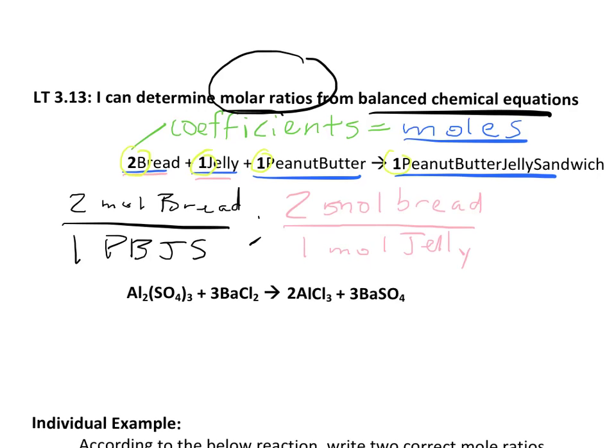So I'm not going to write these down, but we could also say, for example, that for every 1 peanut butter we react, we produce 1 sandwich. Or for every 1 peanut butter that reacts, we're also going to react 1 jelly. So it's the ratio between the coefficients in front of our compounds.